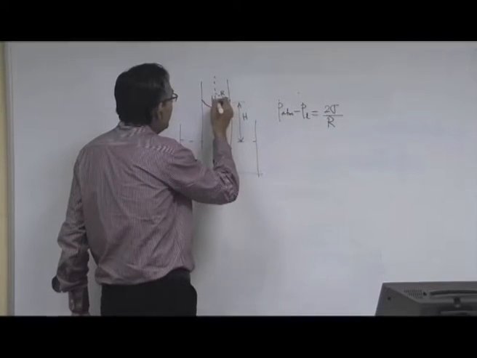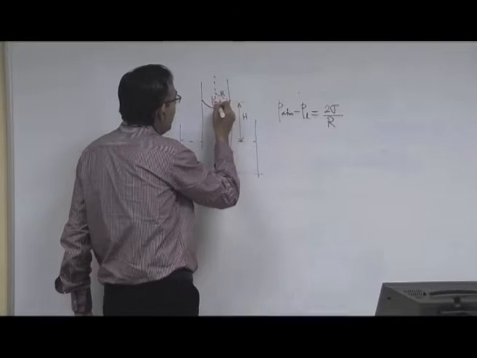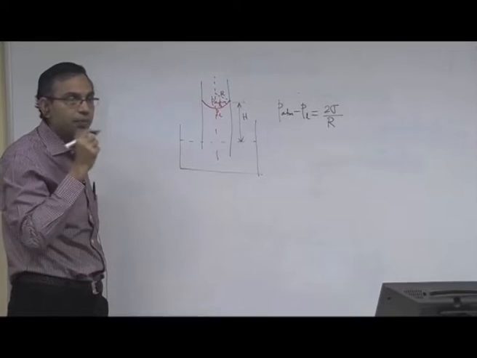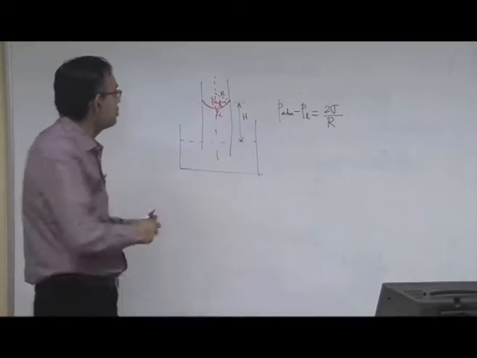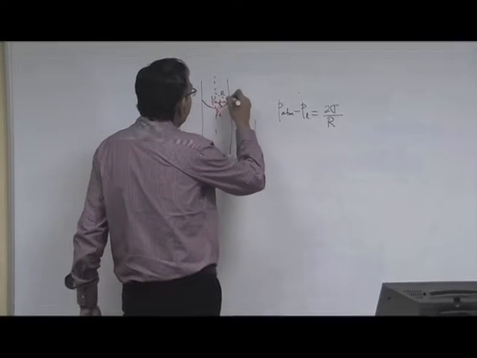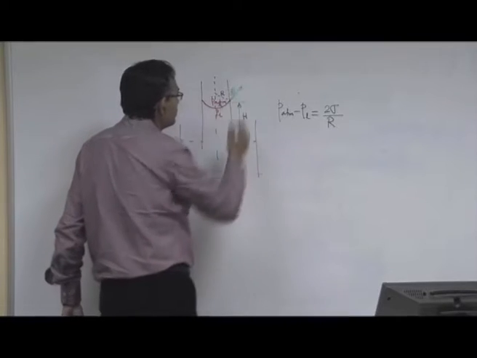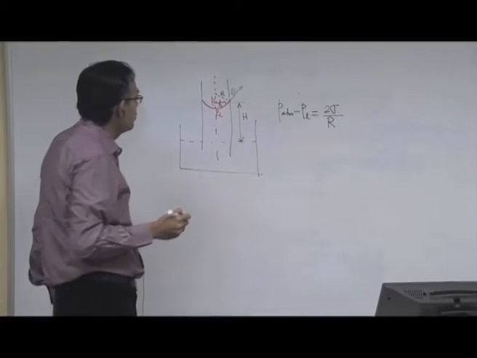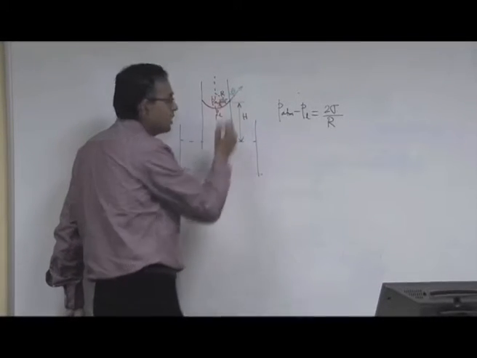But let us say that small r is the radius of the capillary, small r is different from capital R. So, how do you relate these two? Look at this diagram carefully. Let us say this angle is theta, which is nothing but the contact angle. So, if that is theta, then this small angle is also theta.